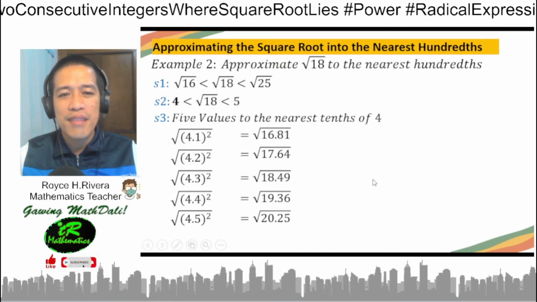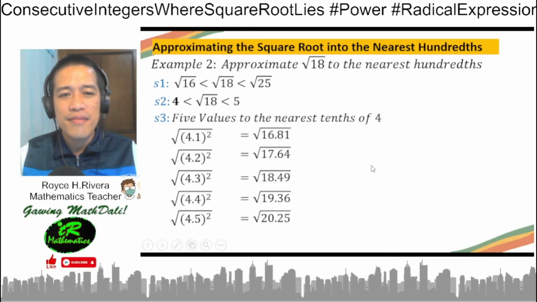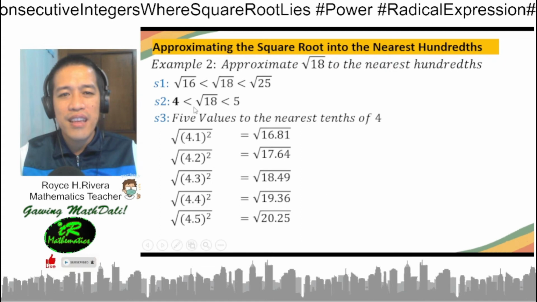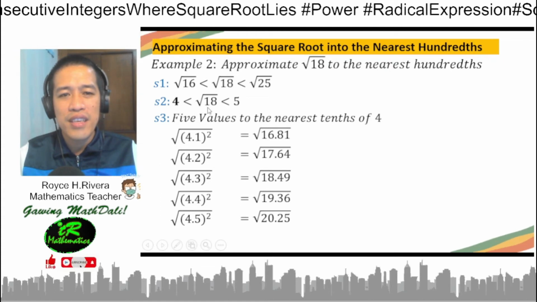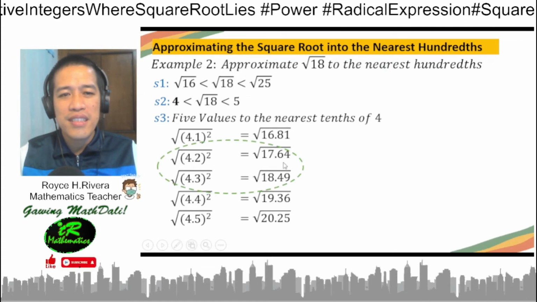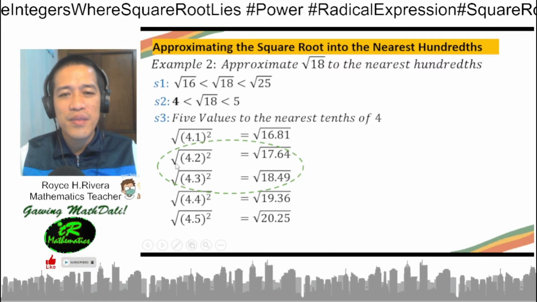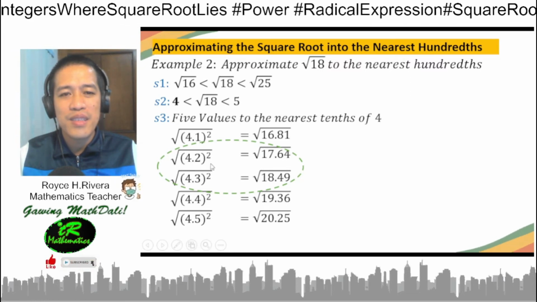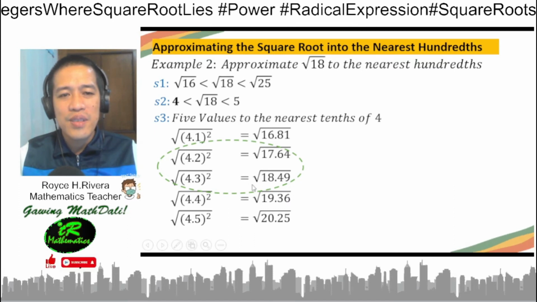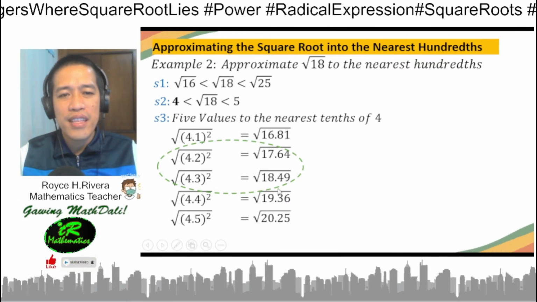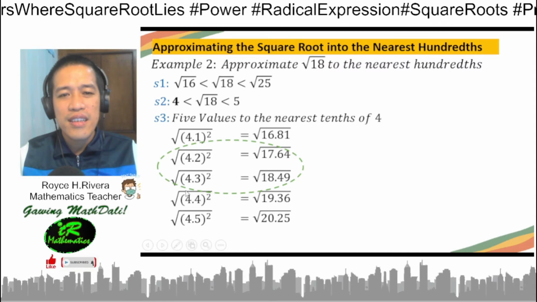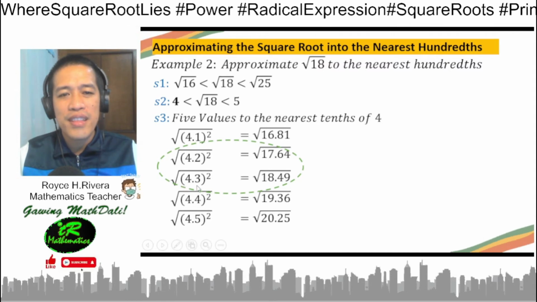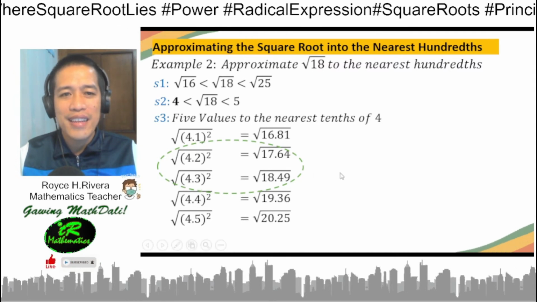Based from the results, the square root of 18 is in between the square root of 17.64, which is equal to the square root of 4.2 quantity squared, and the square root of 18.49, which is equal to the square root of 4.3 quantity squared.